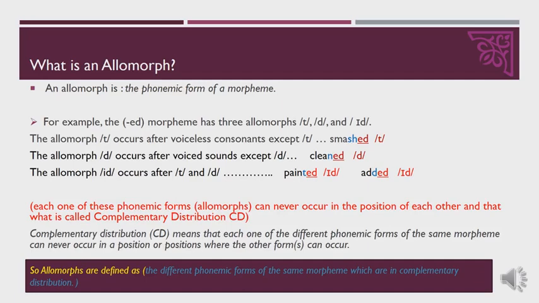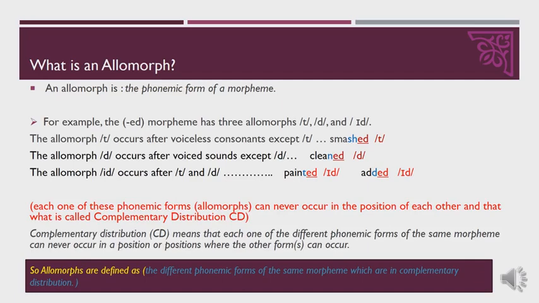Notice that we have 3 phonemic forms, 3 pronunciations of the ed morpheme: te, de, and id. So the ed has 3 allomorphs because it has 3 different pronunciations. They are different allomorphs of the same morpheme, which is the ed morpheme.